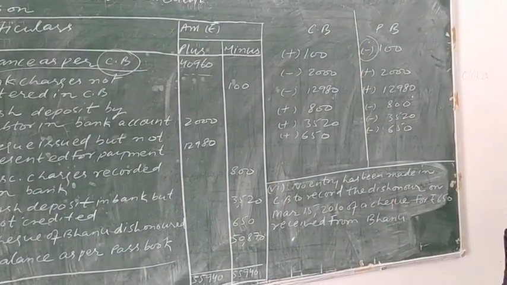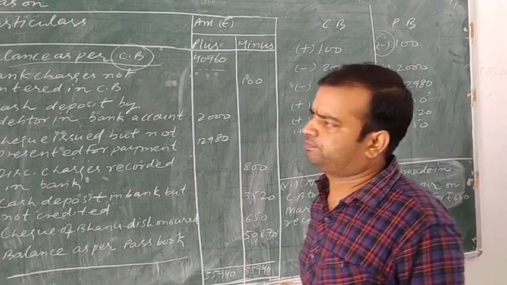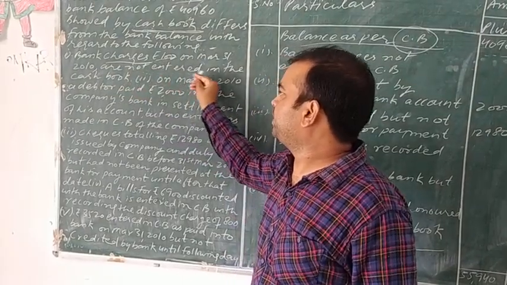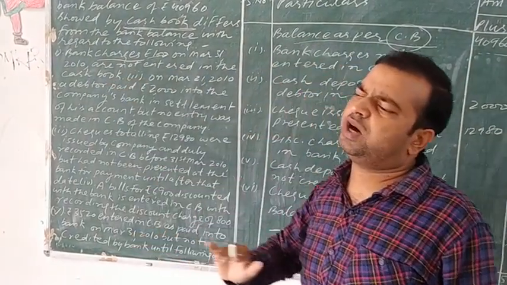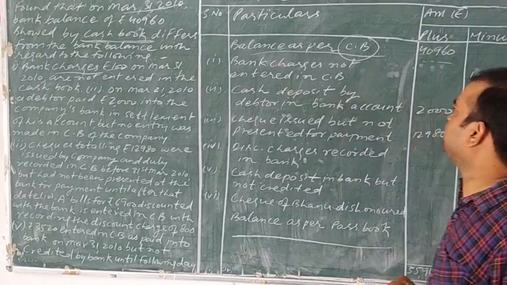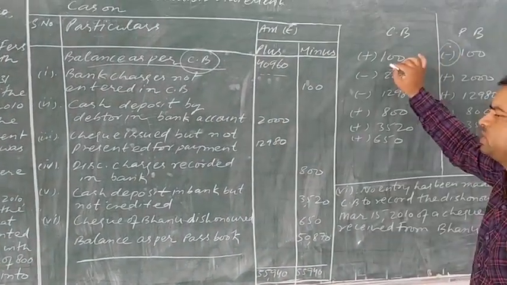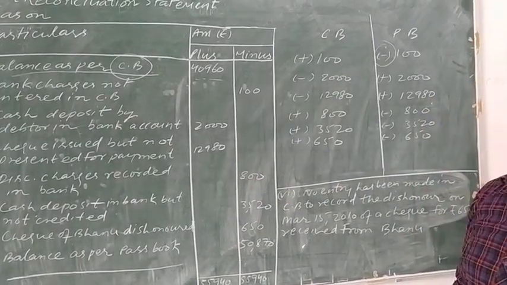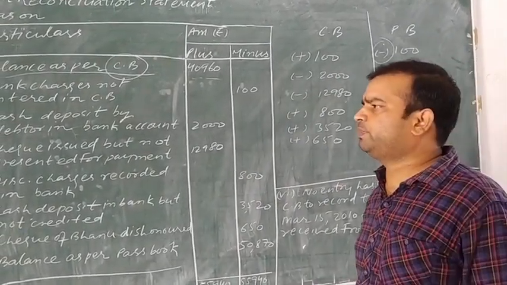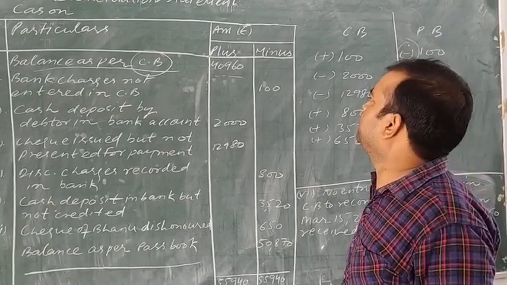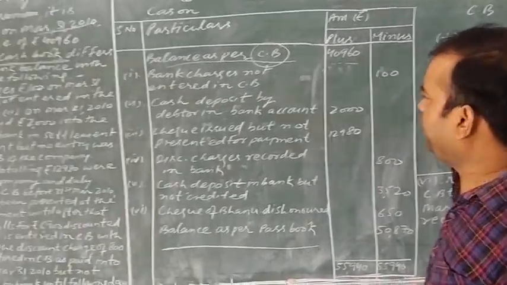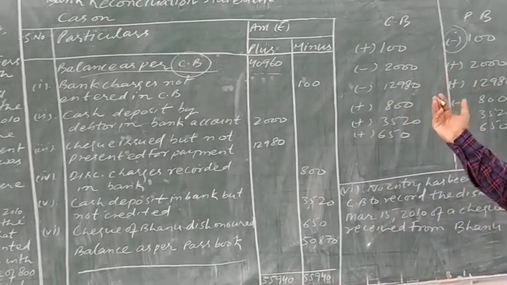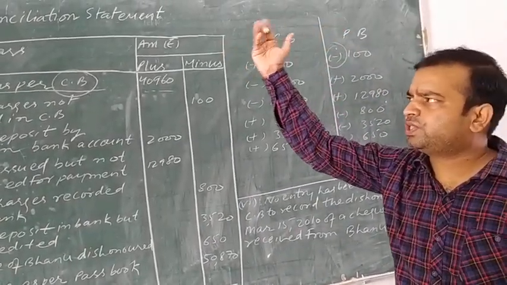But no entry was made in the cash book, which means in the cash book this amount was not subtracted. So here we will use the plus sign, because the amount was not subtracted by Naman in the cash book. So this was the error, and due to this error, we need to prepare the bank reconciliation statement.